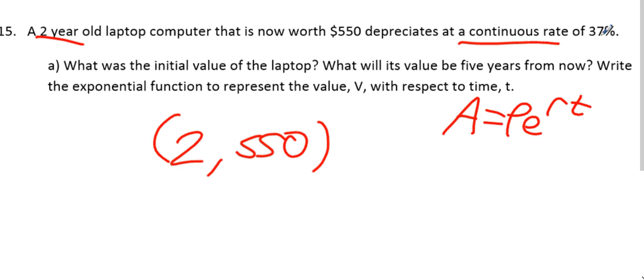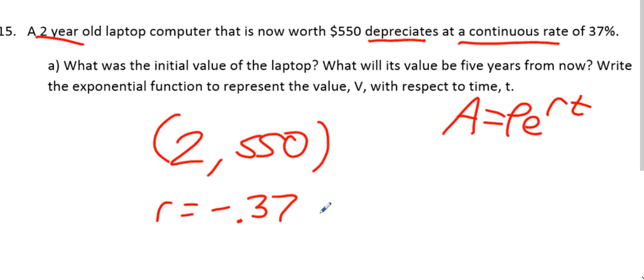And we also know that the rate of depreciation, meaning it's going down, which means r is negative. So r is negative 0.37, 37% is what it decreases by every year. There's a lot of information in that short sentence.